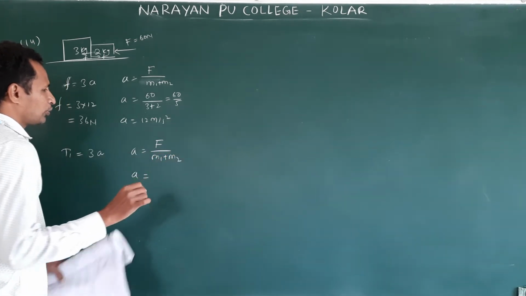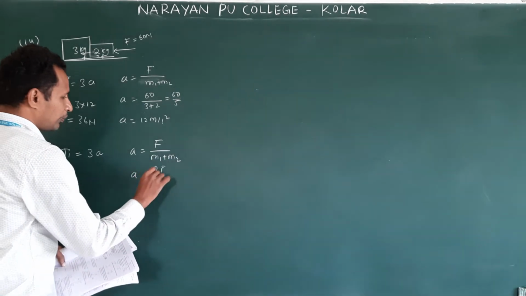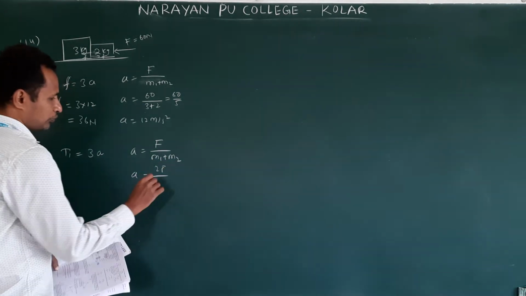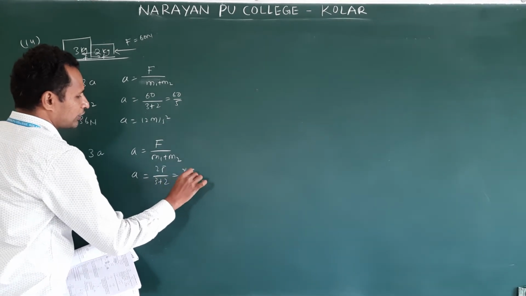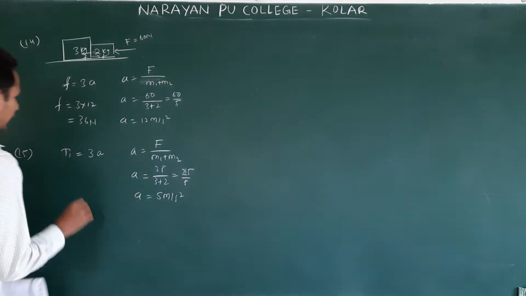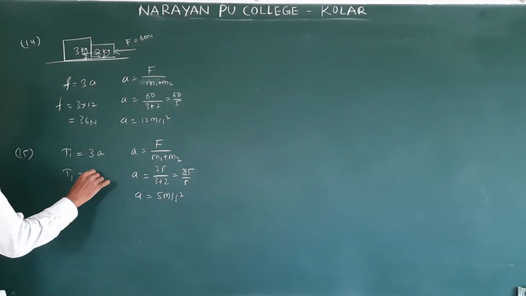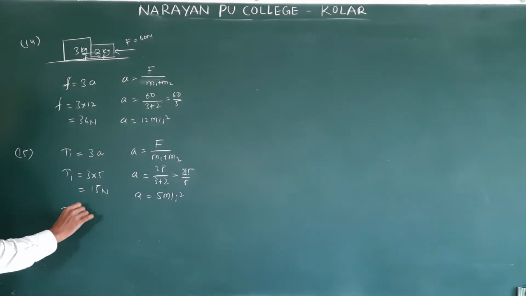Then A is equal to 25 by 3 plus 2, 25 by 5. So this is 5 meter per second square. Then T1 is equal to 3 into 5. It is 15 newtons.